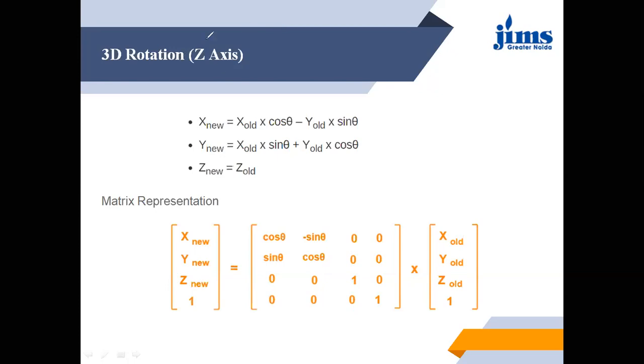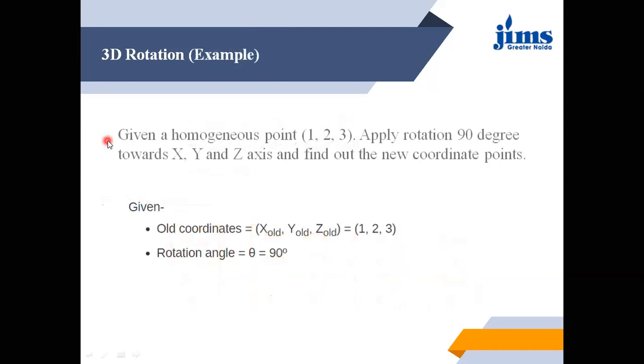So now we will see an example based on 3D rotation. So this is an example. We will try to solve this example based on the rotation with respect to x, y, and z axis with a given angle.